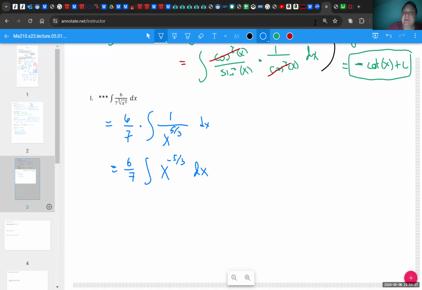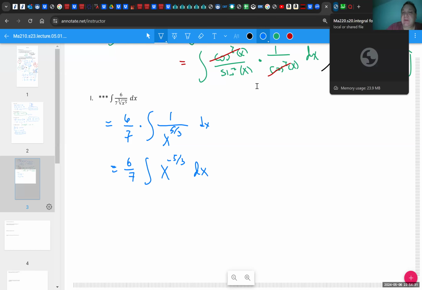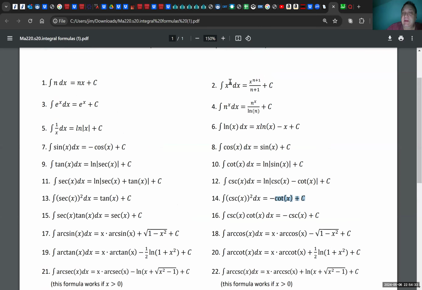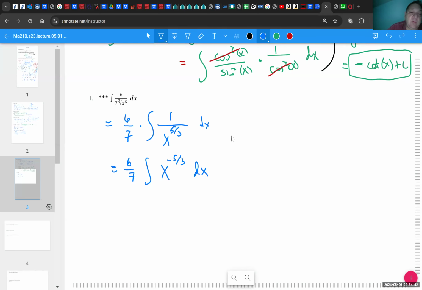All right, so this is x to a number. X to the number we use many times. That's one of our very first formulas here, number 2, in fact. X to a number is x to the number plus 1 over the number plus 1 plus our integration constant. So we get our 6/7, and we do one number bigger than this.